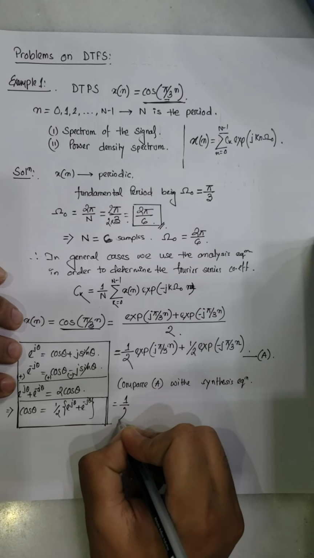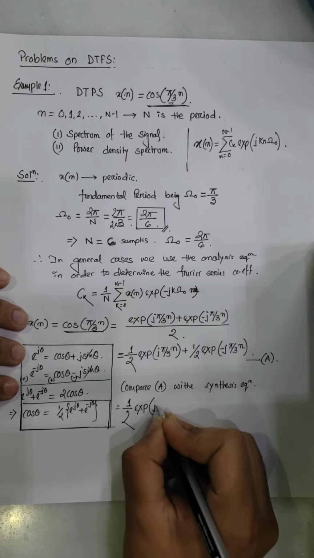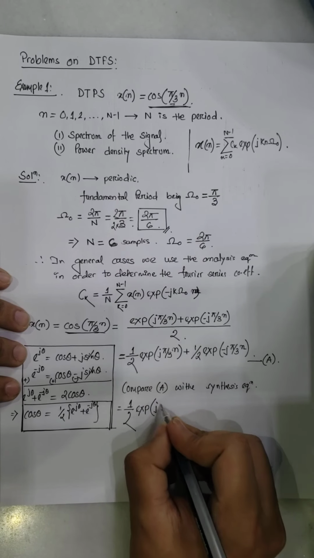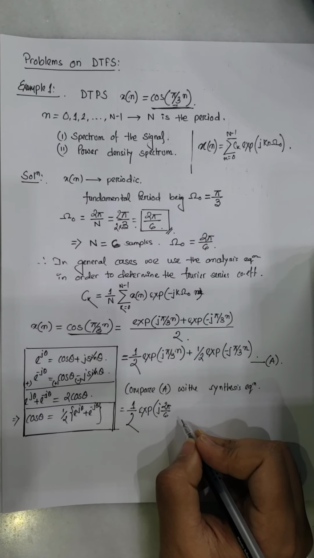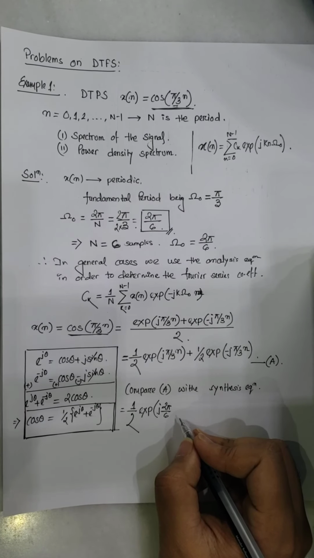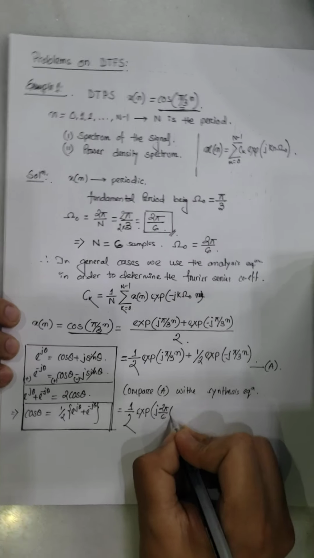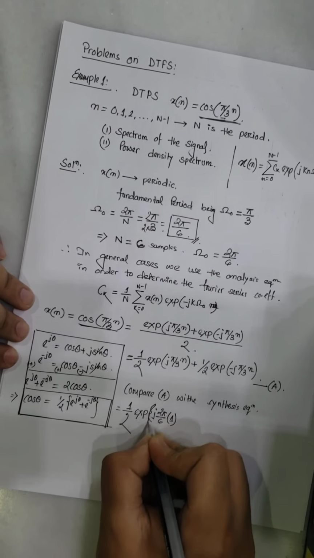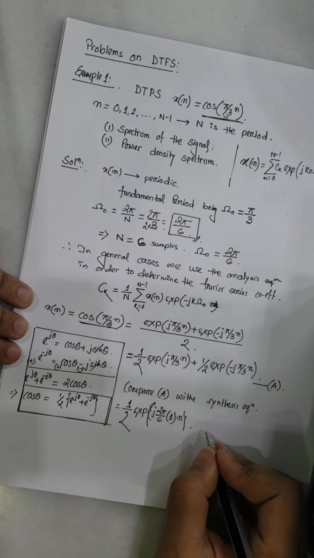So 1 over 2 remains as it is. We can write e to the power j pi by 3 as twice pi by 6 times 1, and n remains as it is.